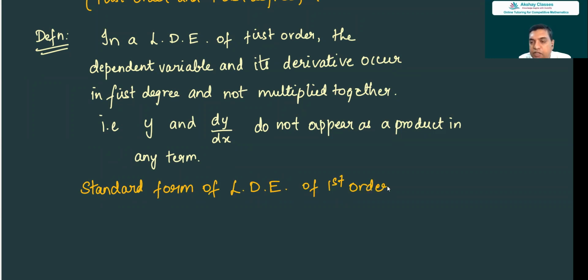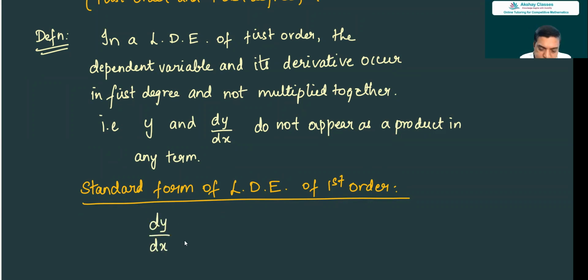We have higher order linear differential equations, very important models, those are. But standard form of first order is dy by dx plus p function of x, py is equal to q.